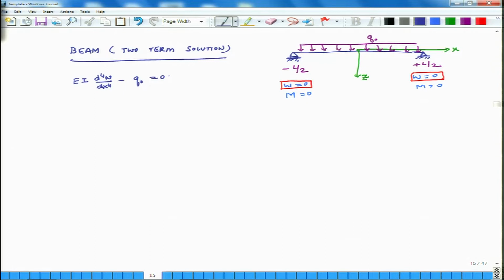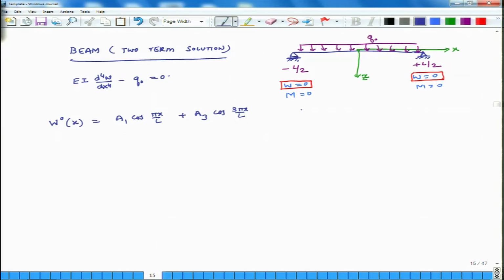We had seen this earlier, and we will say that the displacement is having two terms, A1 cosine pi x over L plus another term A3 cosine 3 pi x over L. So we have chosen this function.